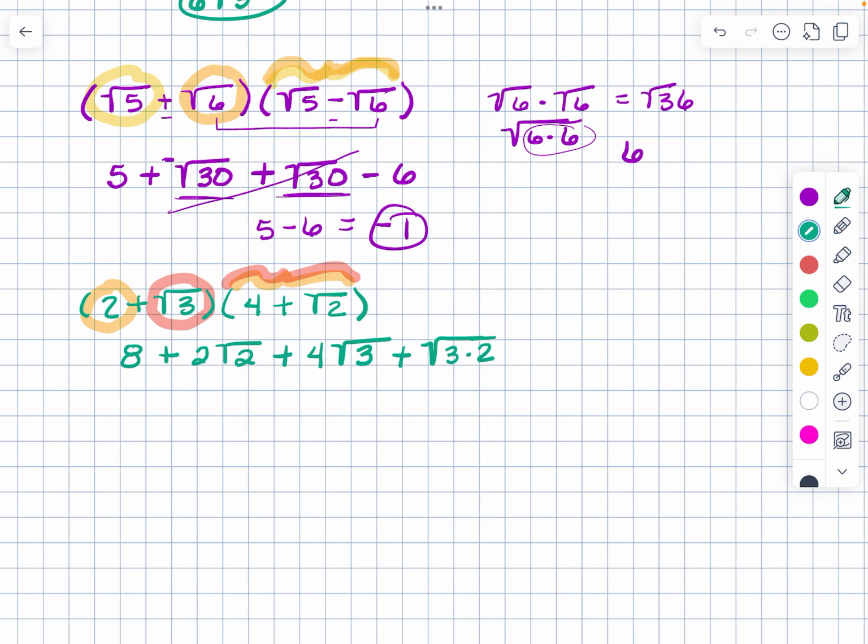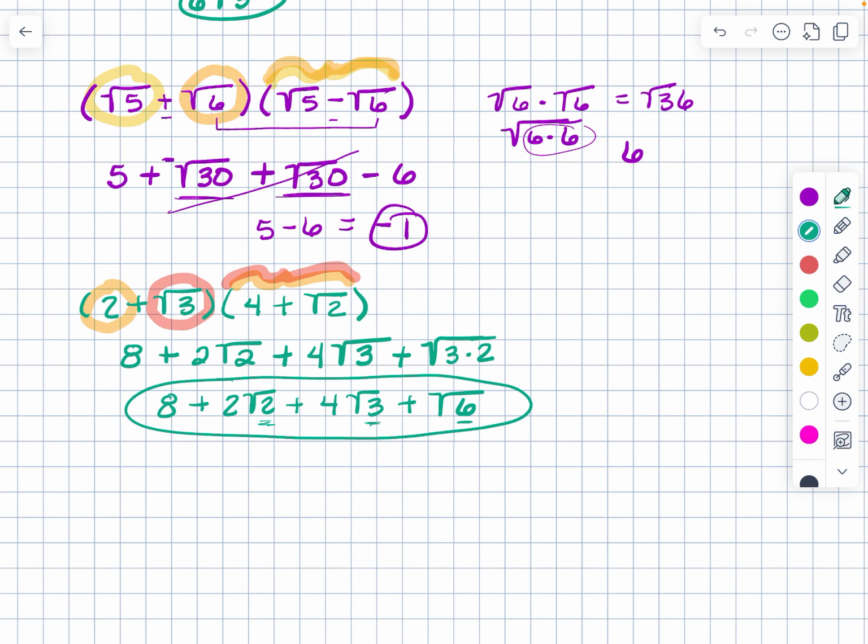Okay, and I'm going to go ahead and rewrite it, so we've got 8 plus 2 square root of 2 plus 4 square root of 3 plus the square root of 6. And there is nothing else I can do. The square root of 2 and the square root of 3 are both primes, and there's no perfect square inside of 6. So we're done. That's the answer right there.